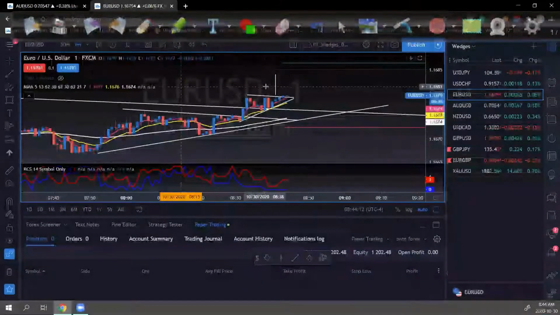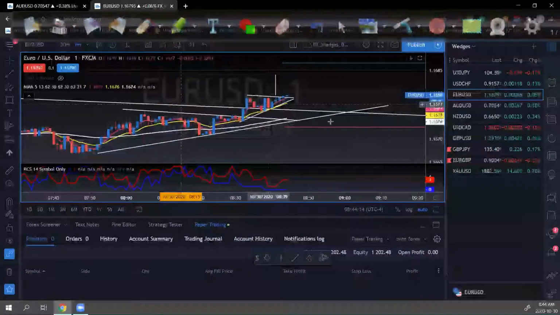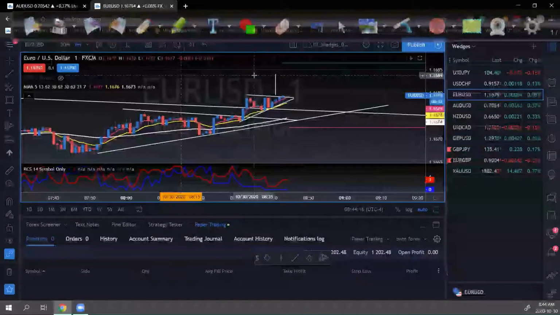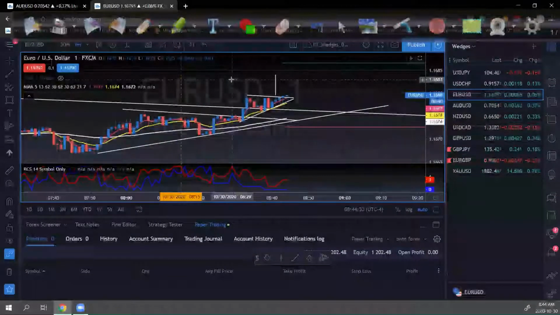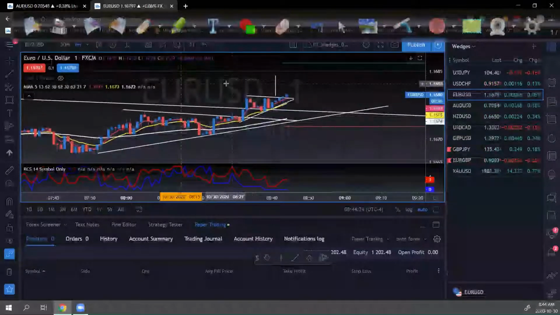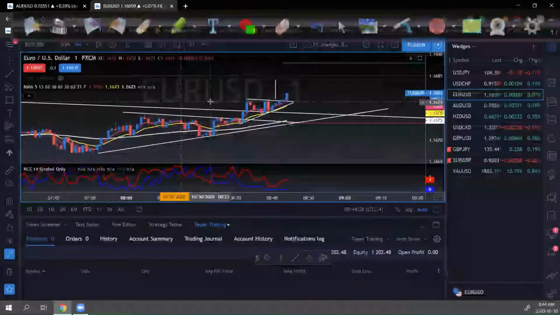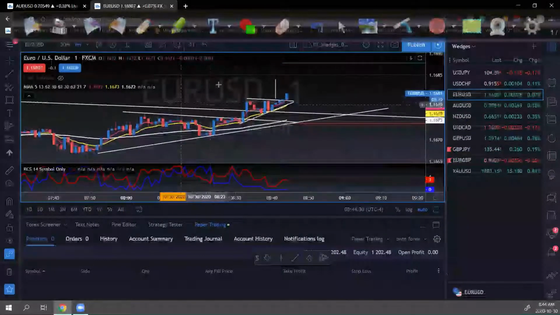Now we broke out of the top of the wedge, and we remember the probabilities. Oh boy, and we're off to the races.